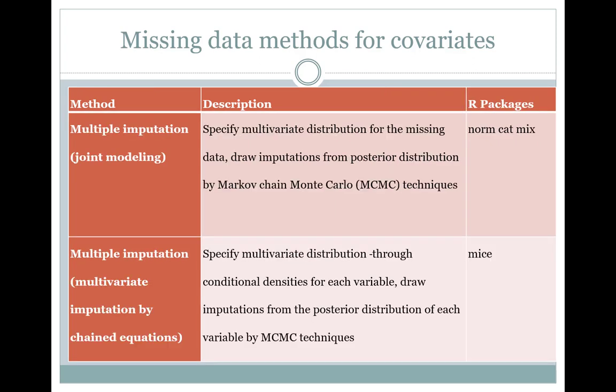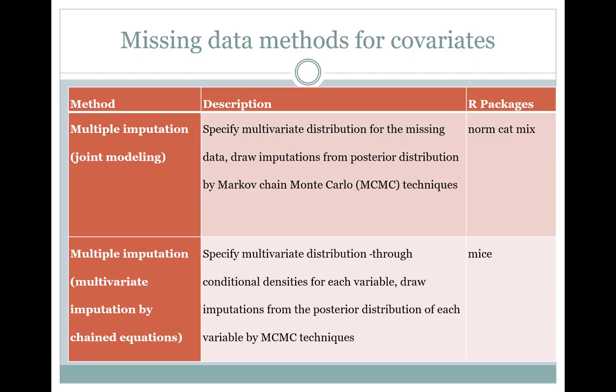Multiple imputation is considered the best performing missing data method, and there are two major variations: joint modeling and multivariate imputation by chained equations, which is called MICE.